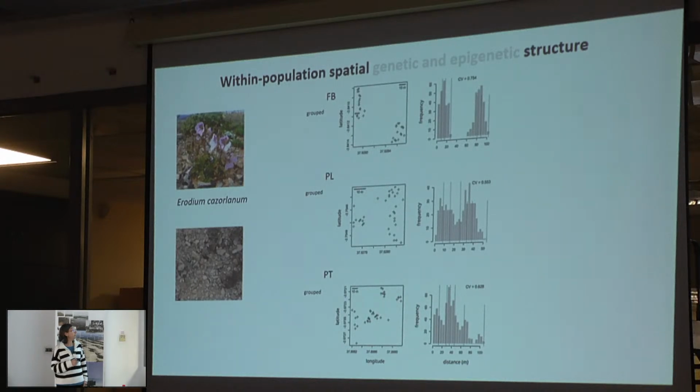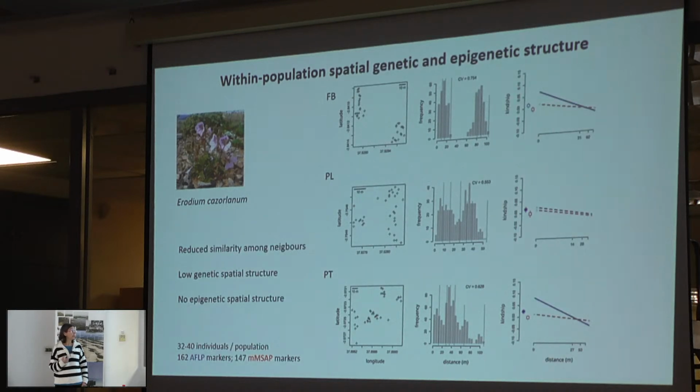And we did the same study in 3 populations. In this particular case, all the populations where the individuals were grouped, meaning that there are these kind of distributions that are not continuous. And in all cases, what we found was reduced similarity among neighbors.